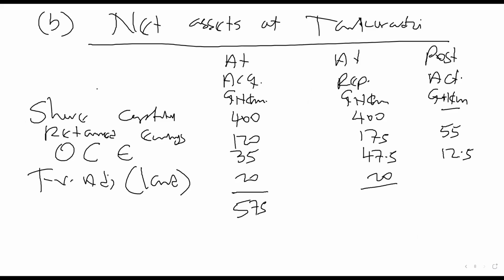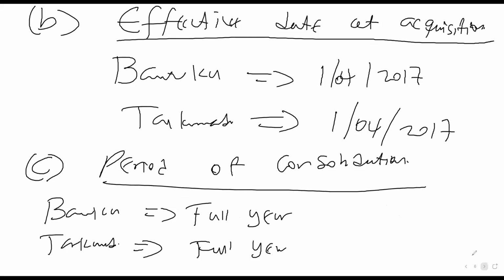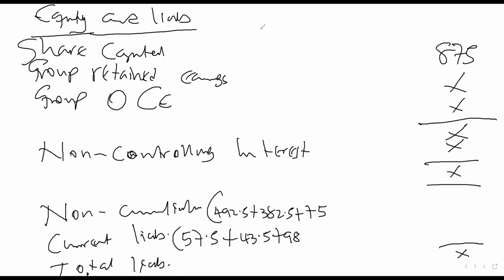So with this, it will go straight to the consolidated balance sheet. So the 20 goes to PPE, so let's all go and add. Plus 20. You understand? Yes, revaluation gain. Good.